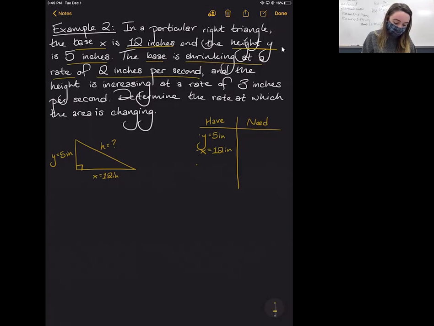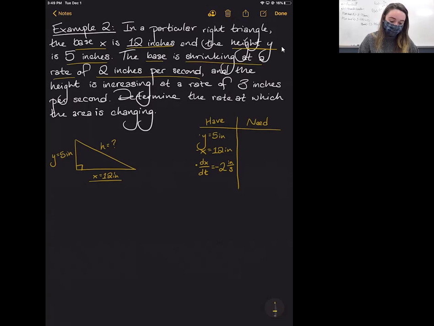So the base x over time is shrinking, so the change in the base over time, dx dt, is shrinking at a rate of 2 inches per second. Shrinking tells me that it's getting smaller, AKA this is going to actually be a negative 2 inches per second.